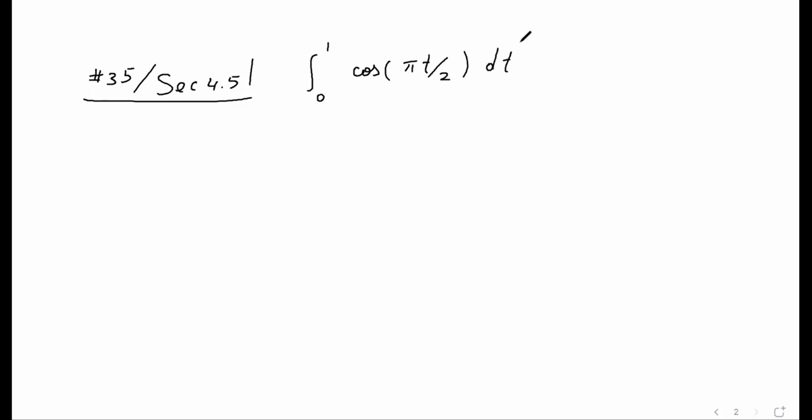That's the problem. Well, folks, when you see this kind of problem, remember the fundamental theorem of calculus says to do an antiderivative. So we're going to do the antiderivative first, and then evaluate that from 0 to 1.